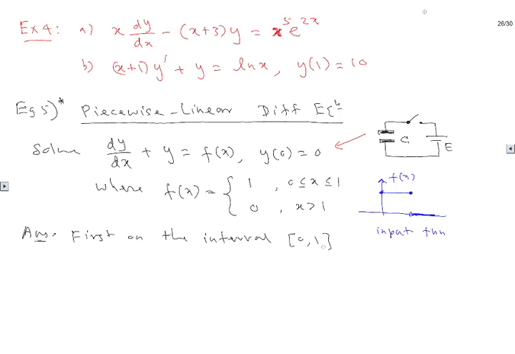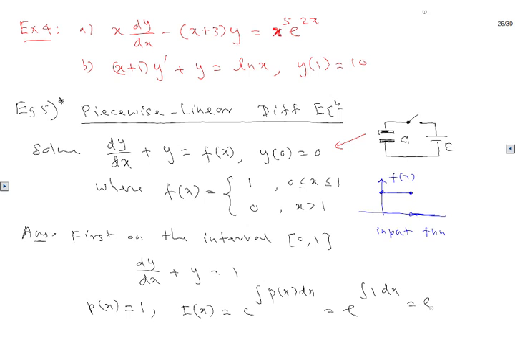In that case, your differential equation becomes dy over dx plus y equal 1, just 1 on that interval. So you can see p(x) equals 1. The integrating factor I(x) is e to the integral of p(x) dx, which is e to the integral of 1, which is e to the x.